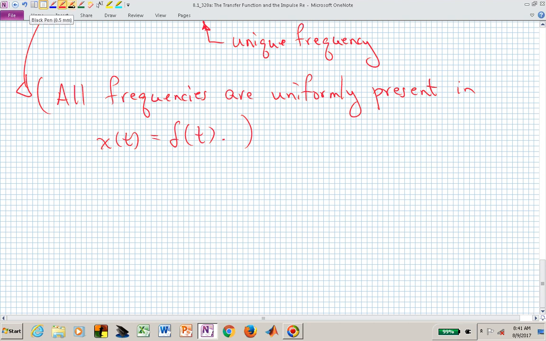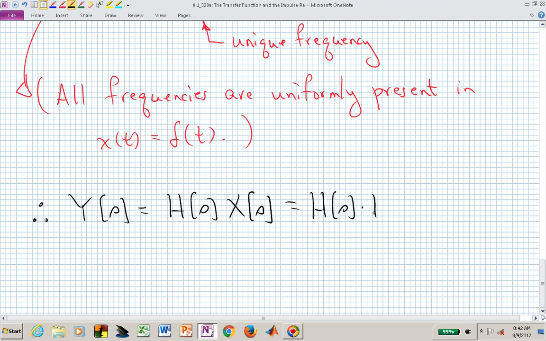Now let's use that fact that the Laplace transform of the impulse function is equal to 1 to look at what happens to the output's Laplace transform. We know that that's the product of H of s with X of s. But now for capital X of s being the Laplace transform of the impulse function, that has a value of 1.